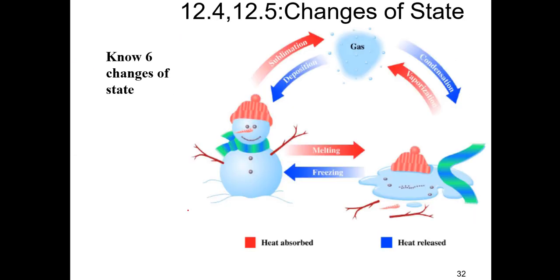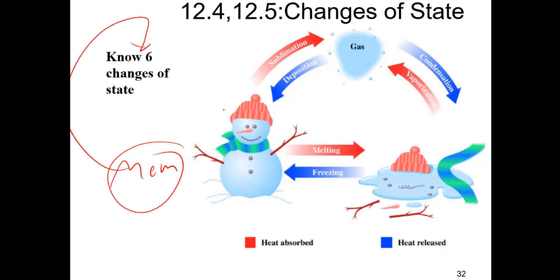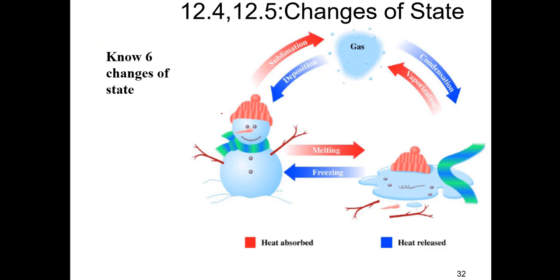So you can go through those questions. Now we're going to get into changes of state. So the snowman is a solid. The melted snowman is a liquid, and then you have gas. You're going to need to memorize the 6 changes of state.